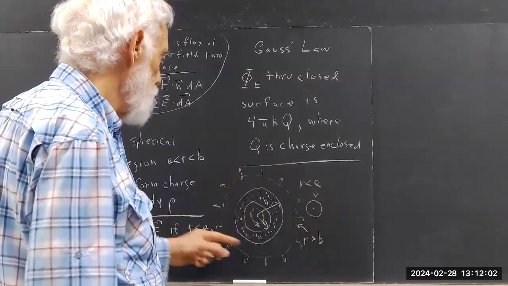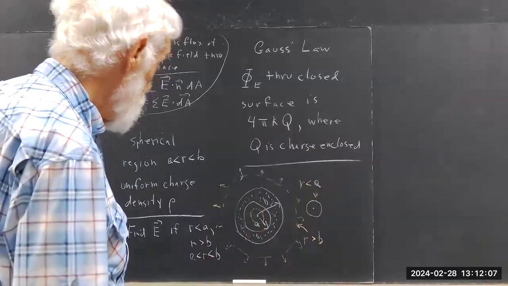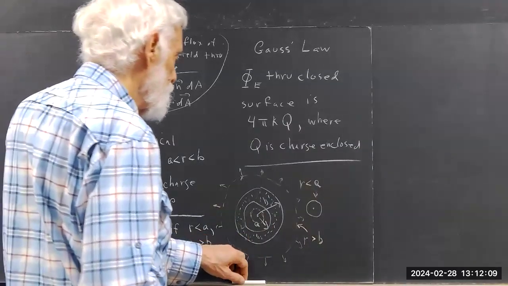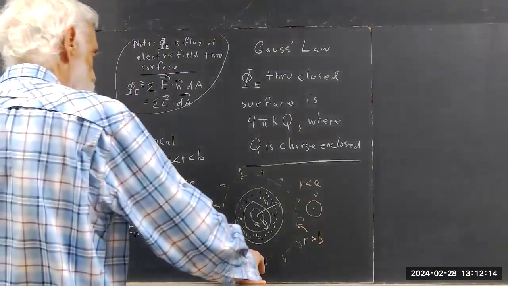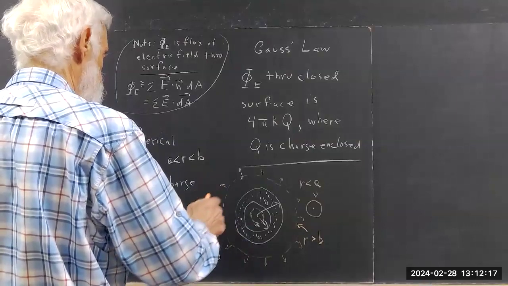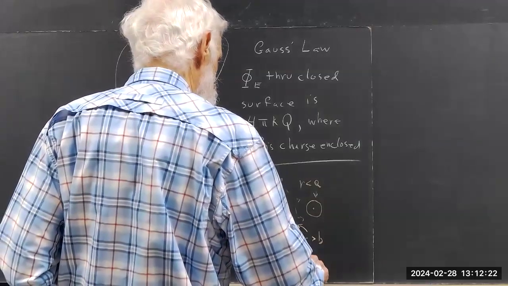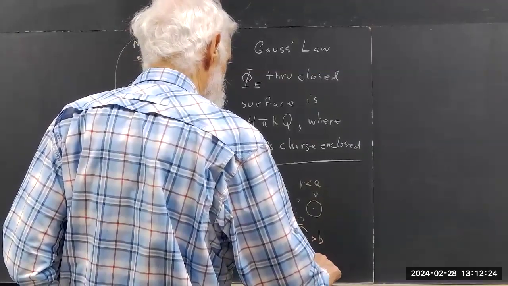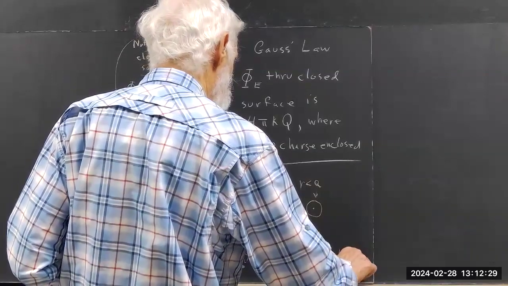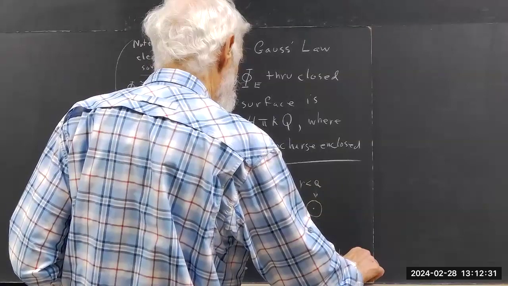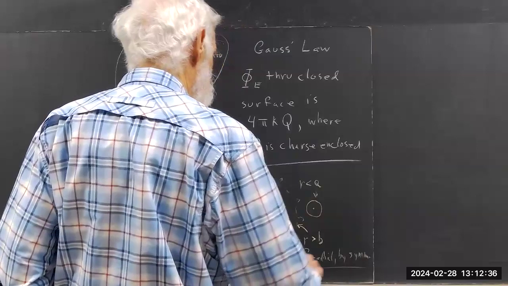So they'd all have to be off like that, but that's not symmetric. So the electric field is radial by symmetry.